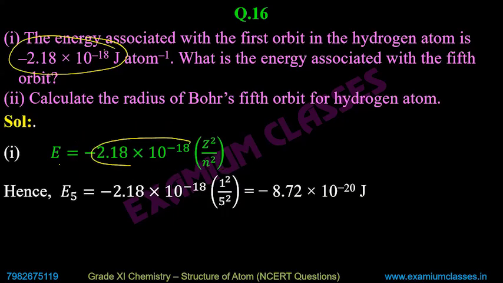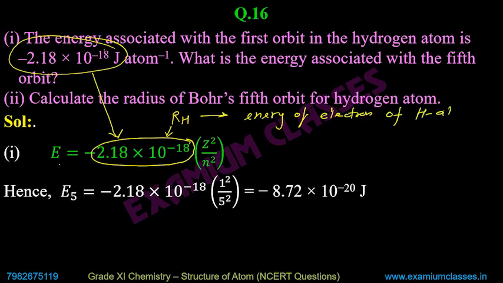So here I am not using it as the Rydberg constant. I am using whatever is given here in all such questions. If the value is given for the first orbit, that is actually the Rydberg constant. So what is the Rydberg constant in this case? This is RH. And what is RH? RH is the energy of the electron of the hydrogen atom in its ground state.